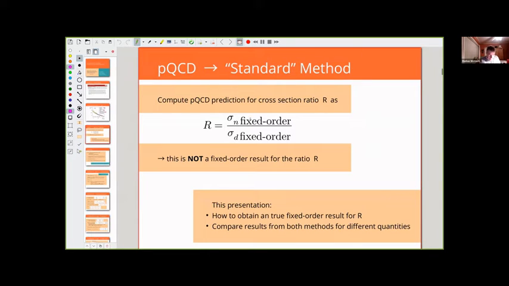So this ratio of the fixed order predictions is not directly a fixed order result for the ratio R. And this is what this presentation is about, how to obtain a true fixed order result for the ratio. And then we compare the true fixed order results with this standard approach for different quantities, and then see what conclusions we can draw.